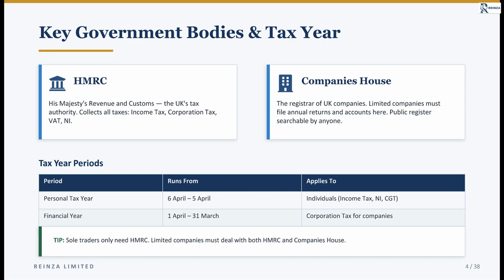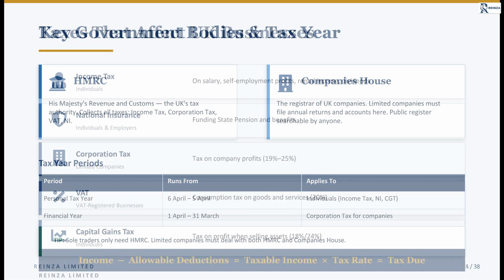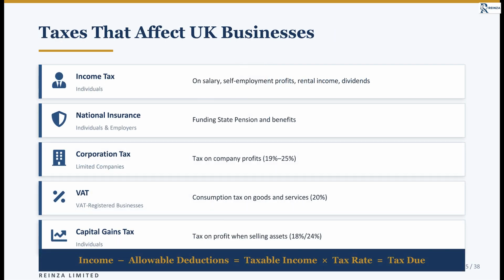These two periods are close but not identical, so it is important to be aware of which one applies to your situation. Let us now look at the 5 main taxes that affect UK businesses.